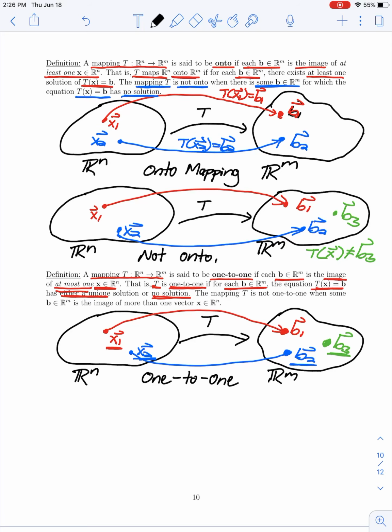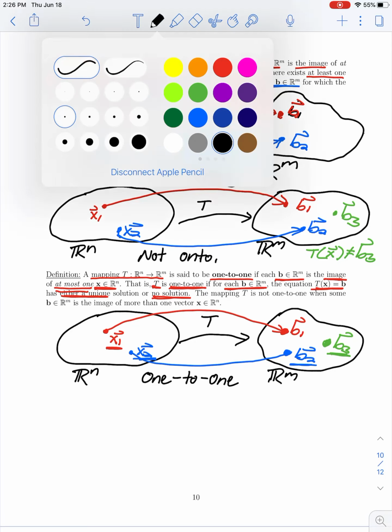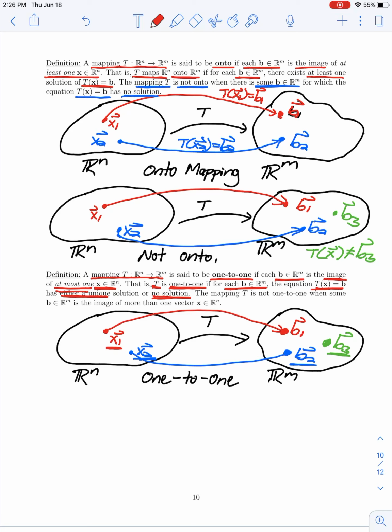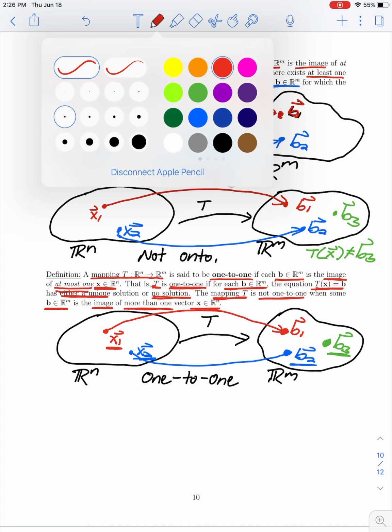So what would it mean for a mapping to not be one-to-one? We would say that a mapping T is not one-to-one if there is some vector B in the codomain, which is the image of more than one vector x in the domain.